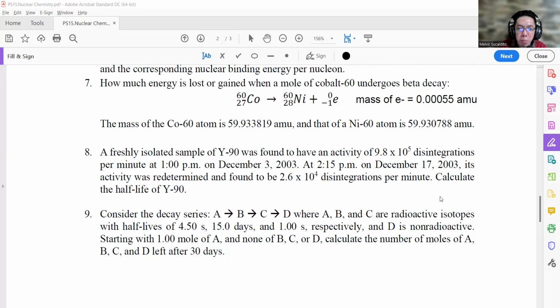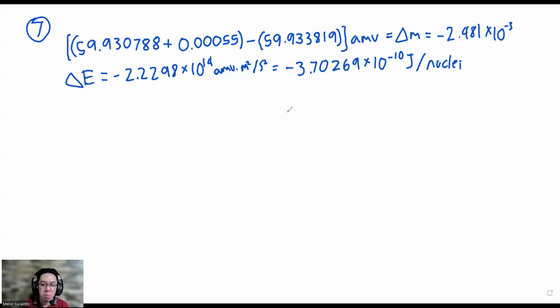What is the half-life of yttrium-90? Yan lang. So, what is the half-life? Sulat mo na lang dun sa paper. What is the half-life of yttrium-90? That's number 8.